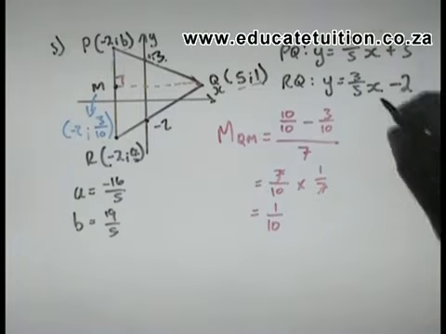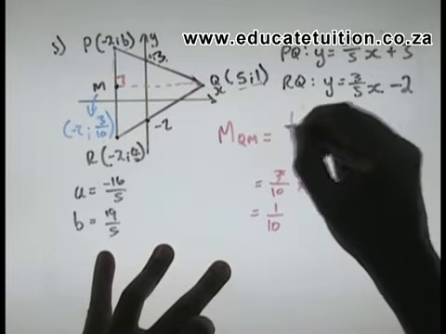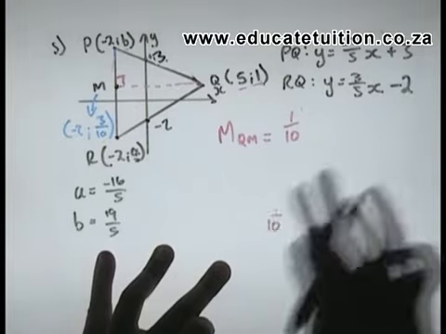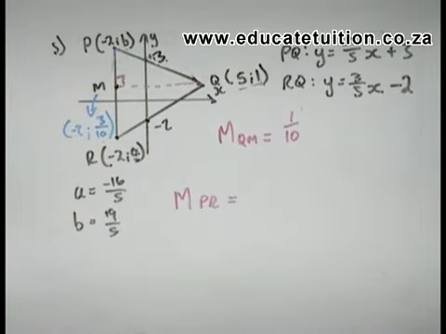Now let us look at the gradient. Let's just write this in here. That's 1 over 10. Now let us look at the gradient of PR.